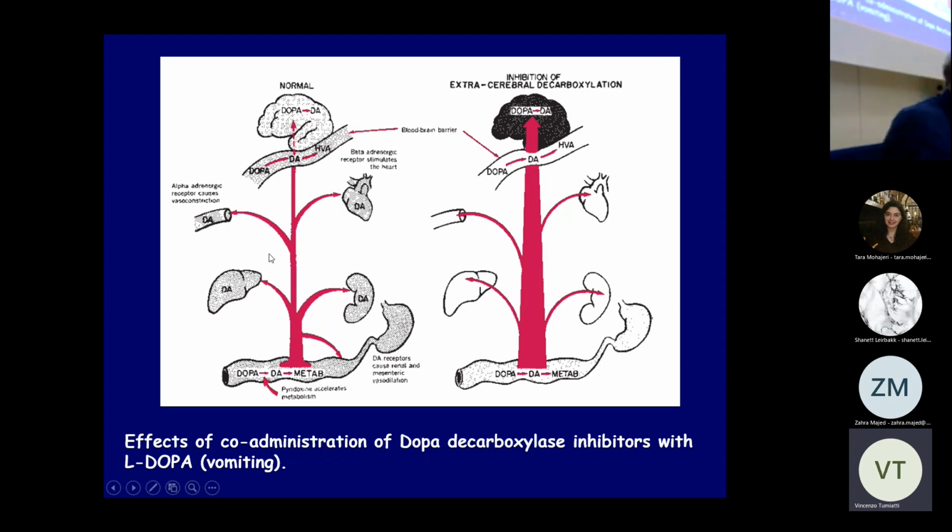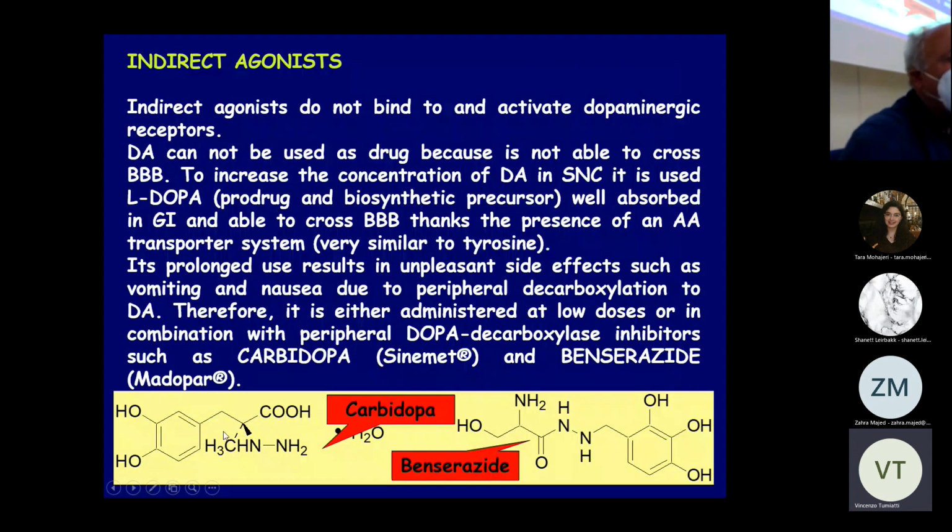How can we avoid these side effects? Is it possible? Yes. Together with L-DOPA, we can administer an inhibitor of DOPA decarboxylase, the enzyme responsible for the transformation of L-DOPA to dopamine.